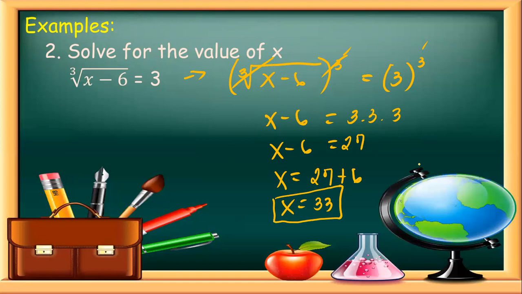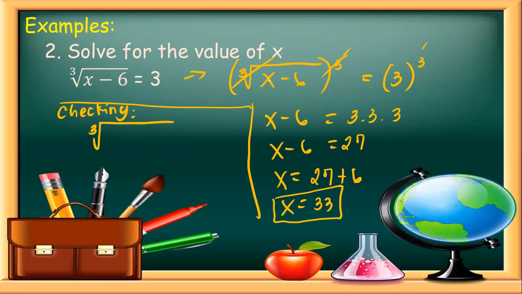Now, let's check if our answer is correct. Let's put our check in a new space because we don't have space here. Checking: x is 33. Let's substitute 33 directly into x.